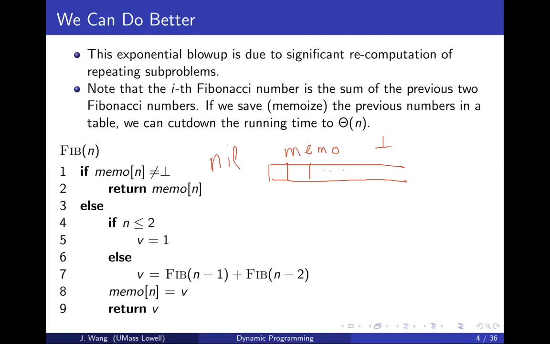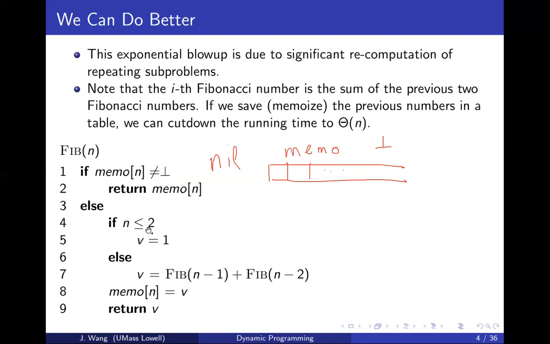All right, so now for a given value n, we are going to check. If it's not equal to nil, that means I have a value there. For instance, if this is n, it has a value there that's not nil. That means this subproblem has been computed. So what we need to do is simply return that value because it has been done.